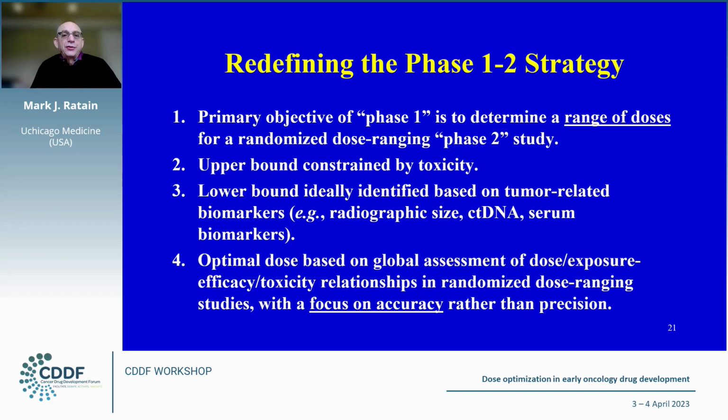The optimal dose needs to be defined on the basis of randomized evidence and a global assessment of dose, exposure, efficacy, toxicity relationships, with a focus on accuracy rather than precision. In other words, let's get it about right, not 3-fold or 15-fold higher than where we need to be.